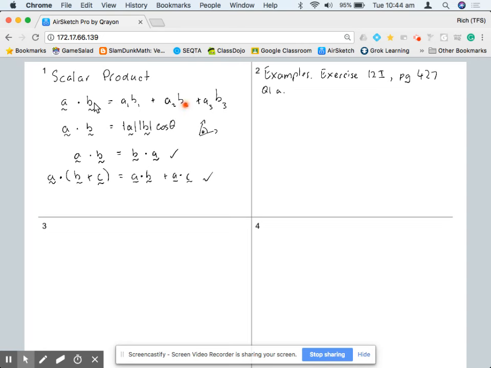Obviously, if you knew that the angle between the vectors was 90 degrees, you'd know they were perpendicular by the definition of perpendicularity. But if you didn't know the angle between them, and you did this calculation and the end result was 0, you can conclude they must be perpendicular. Does that make sense?